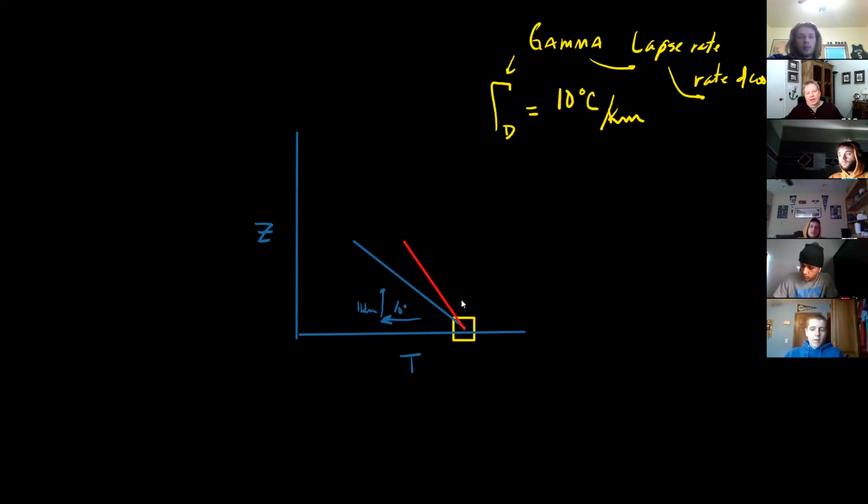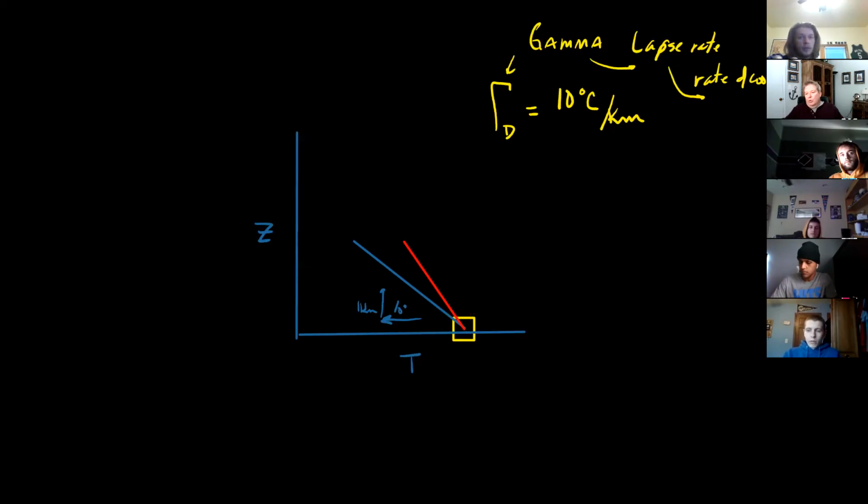We said yesterday that the more this line is that way, the greater the lapse rate. This is smaller. What's this lapse rate? None, 0 degrees Celsius per kilometer. What's this lapse rate? It's a negative lapse rate. What's another name for a negative lapse rate? An inversion. Okay, so skip that for a second.